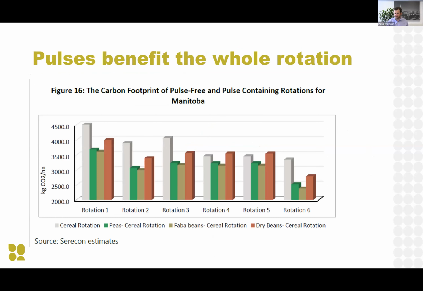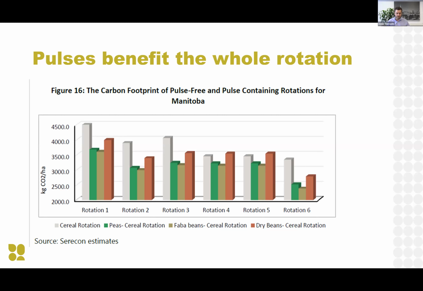And we followed this up with some extra work as well. We've looked at each individual province. Recently, we did a carbon study and an economic study on pulses nationally in Canada. This report showed that in each province, if pulses are grown in rotation, and we looked at faba beans, dry beans, peas and lentils, depending on the province, we found that whenever a pulse is included in that rotation, you see a benefit compared to the standard rotation, as long as it wasn't replacing something like soybean.